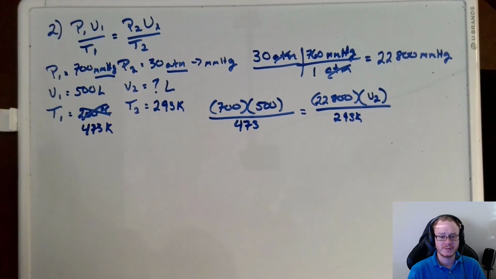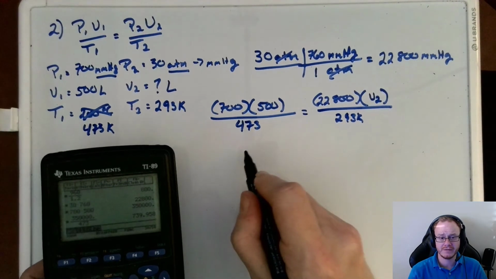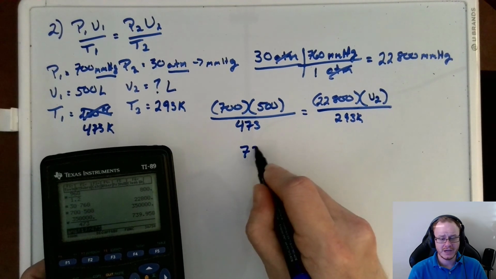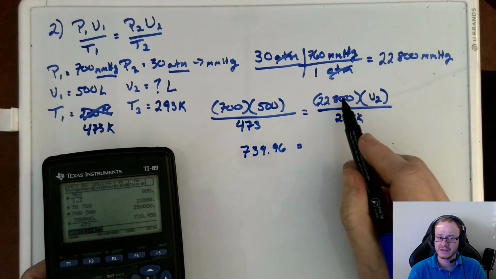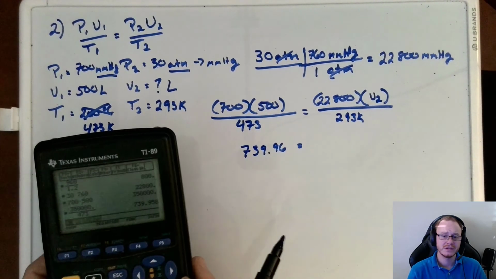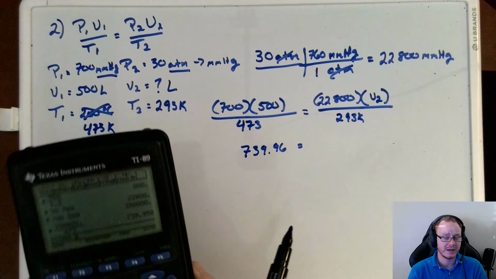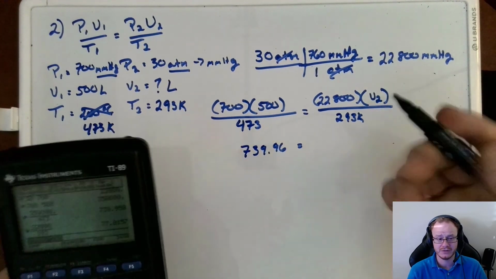Essentially, we reduce both sides and solve for V2. So on the left-hand side, we have 700 times 500 divided by 473. Ends up at about 739.96 equals 22,800 divided by 293 times V2.